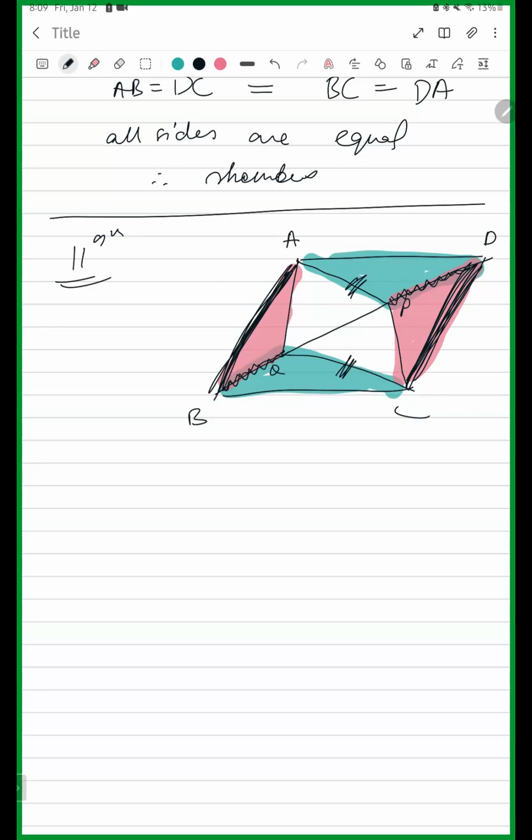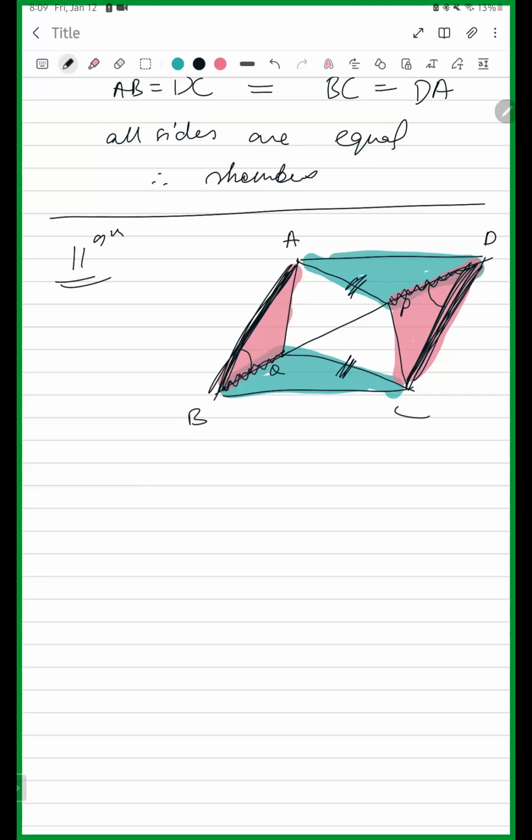By CPCT, you will also have BQ is equal to PD. And also the third point is that since this is a parallelogram and we have alternate interior angles over here, these two angles are also equal.